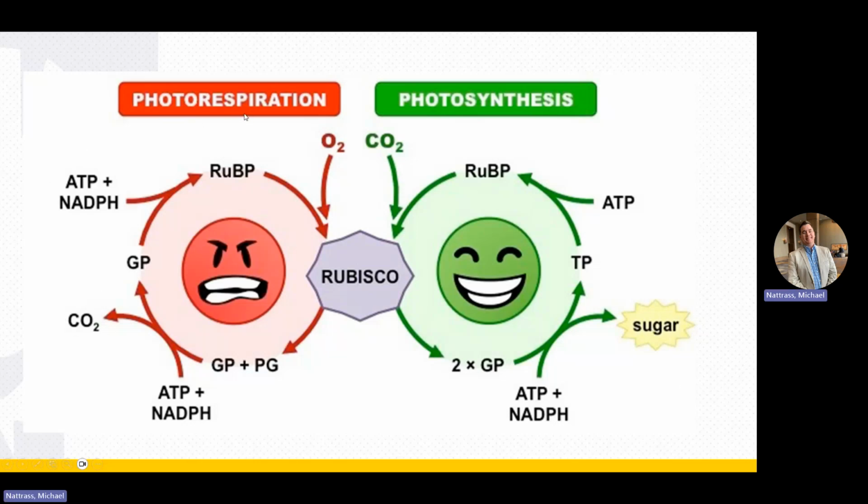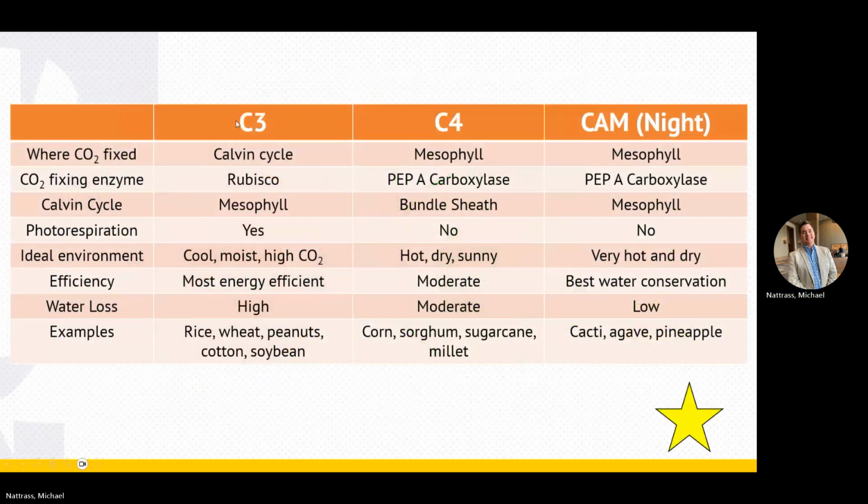Okay. What's most important for you on this exam is to understand that C3 plants are at a disadvantage because of photorespiration. So C4 plants don't have that problem, but C3 plants do. So C3, biggest thing right here is going to be this photorespiration.